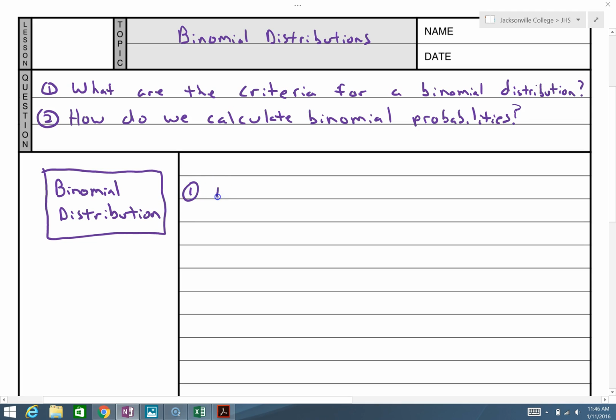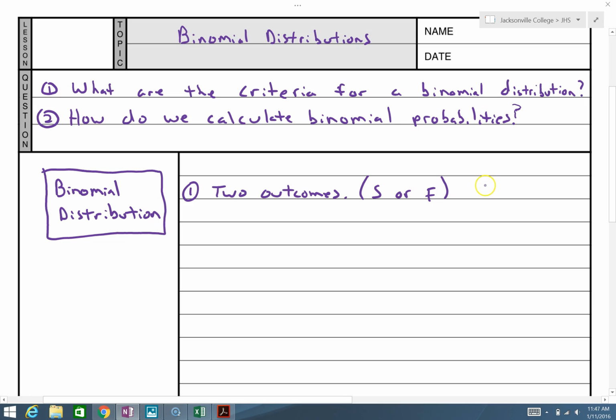Number one, there will be two outcomes. And our outcomes, we will call them success or failure, and this is arbitrary, really. It's what we're counting. This success might be an instance of cancer. Certainly the person having cancer would not consider it a success, but it's what we're seeking.